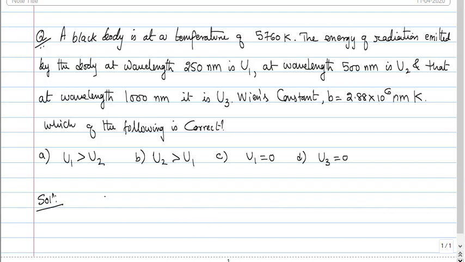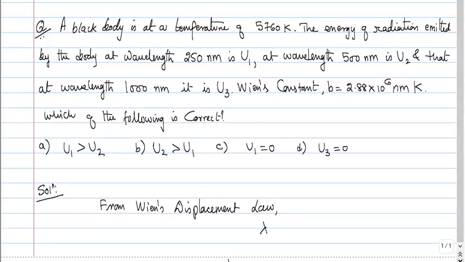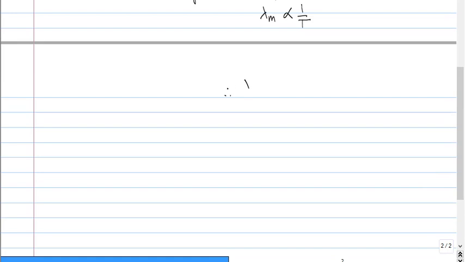So from Wein's displacement law, what we have is, maximum wavelength is inversely proportional to the absolute temperature. So therefore we can say the wavelength corresponding to maximum emission of radiation is some constant.